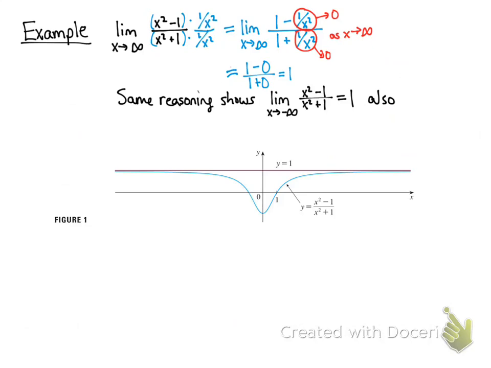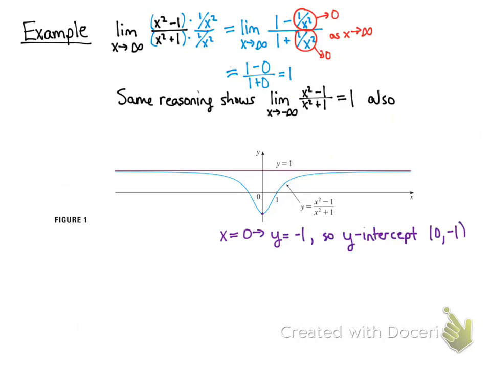And this is what the graph of this function looks like. You can see that as x approaches infinity, that is to the far right, the y values are close to 1. Also to the far left, the y values are close to 1. As for what happens not on the far right and the far left, but sort of in the middle of the graph, here it's pretty easy to find the x and y intercepts.